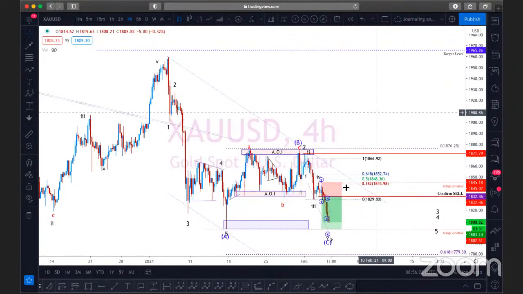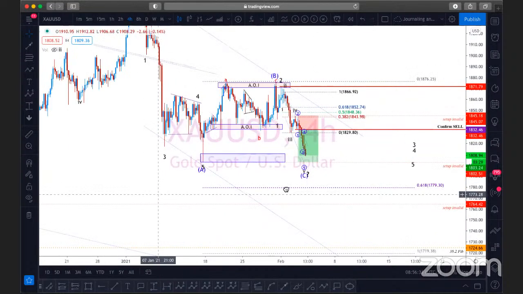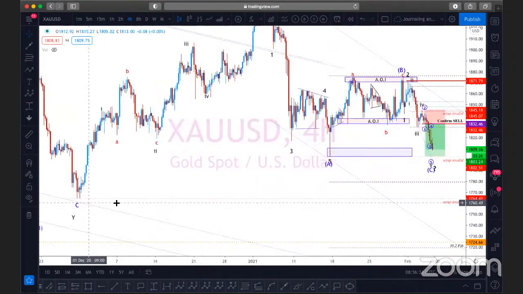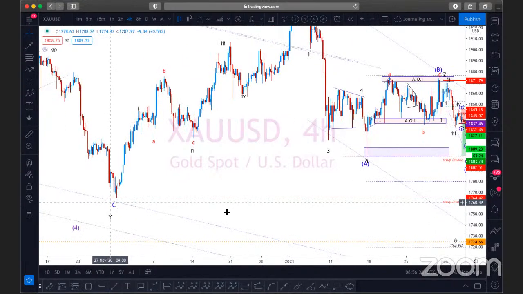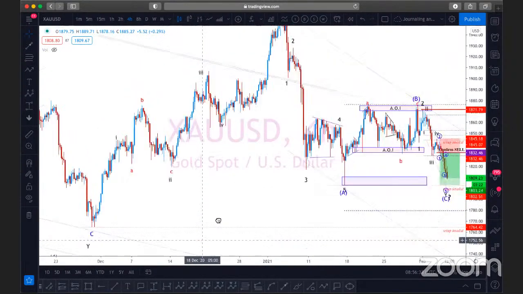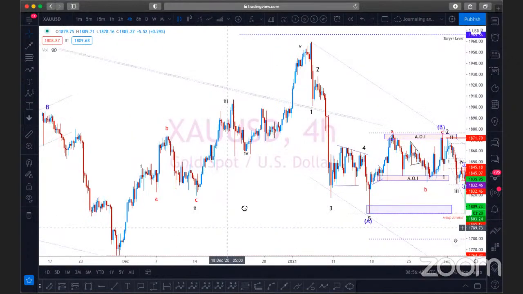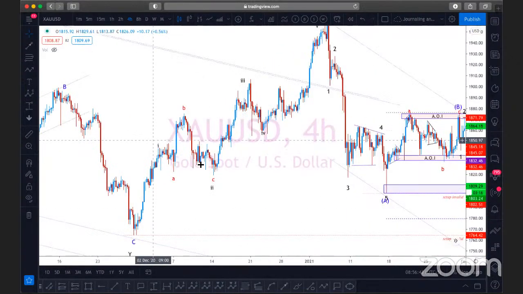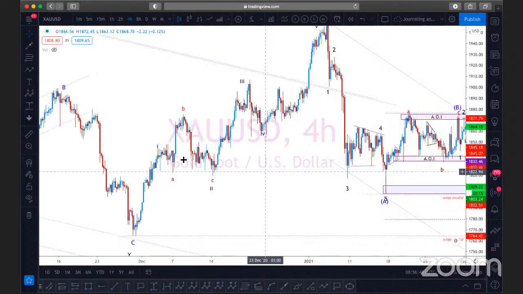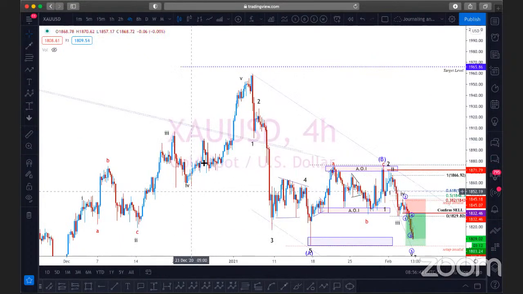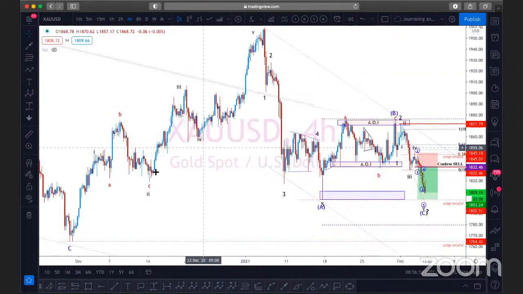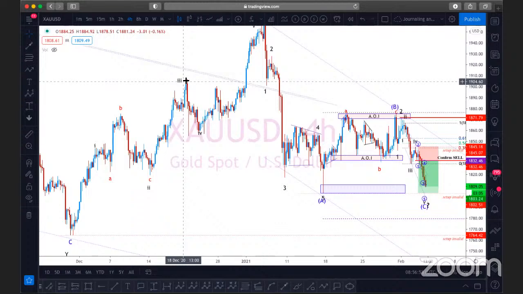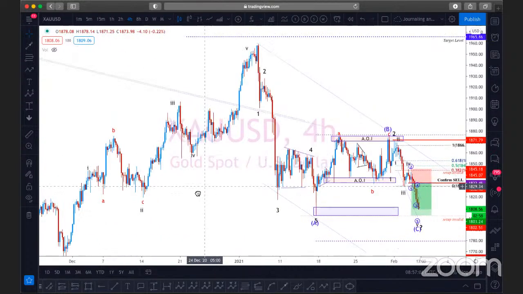Like I said, this movement down here was wave Y that we had initially labeled. The count that I had in the market was wave 1, wave 2, wave 3, wave 4, and wave 5 coming up there. Wave 3 was definitely not the shortest wave, because it was indeed longer than wave 1 and ended right at this level.